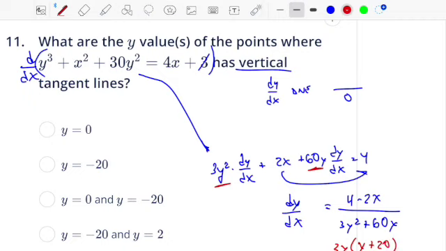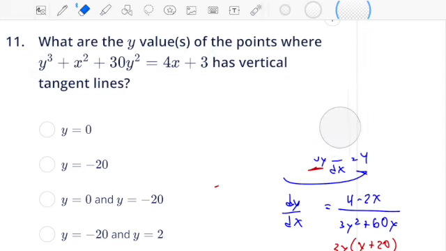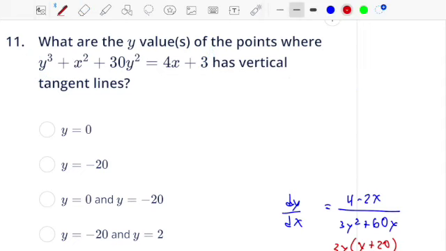Now I'm just going to take those values and plug them back in. Do we have x values for those two? So if y is 0, that's 0. Yep, we can solve that. So 0 is going to work. If we plug in negative 20 cubed, x squared, that's going to give us 30 times negative 20.